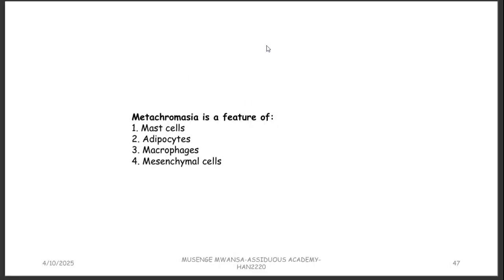So, very good, plasma cell. Metachromasia is a feature of mast cell, adipocyte, macrophage, mesenchymal cell. Which one can you pick? Different staining properties is a feature of which one? Very good, option 1.